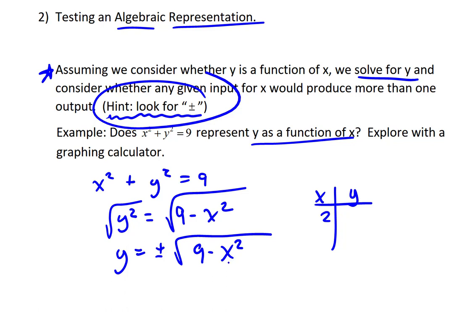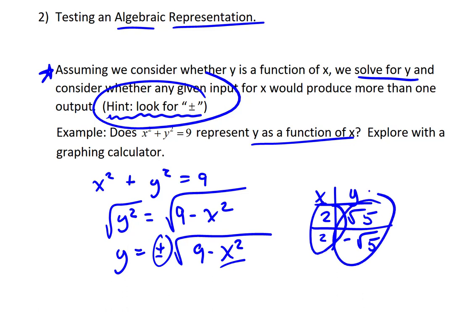If I plug in 2 for x, I would have two different results because of the plus or minus. I would have plus square root of 9 minus 4, or in other words, square root of 5. But for the same input, I could also get minus square root of 5. So one input has more than one output, which violates the definition of a function, which means no, this is not a function.